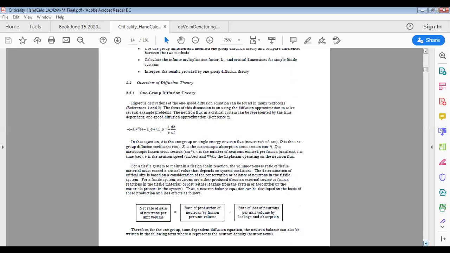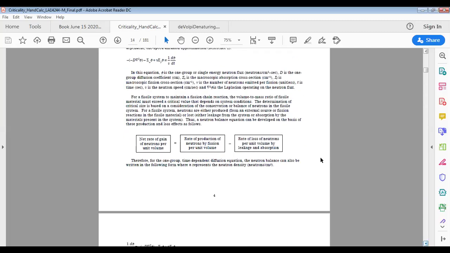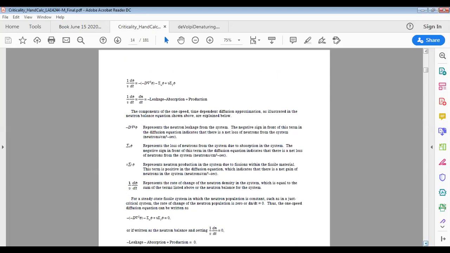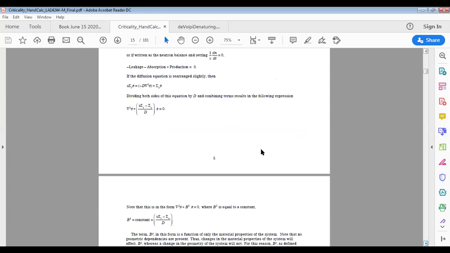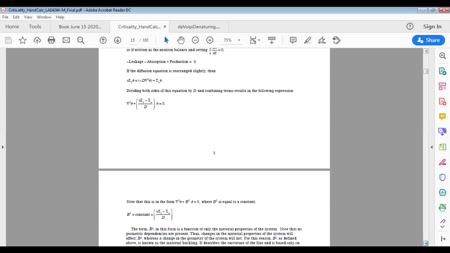So this is exactly what is being done over here, a balance equation, a continuity equation, and this is applied. You've just got to put the right data in here. This is del square phi plus B square phi equal to 0. You can see B square could be a material buckling or a geometric buckling. Now for criticality, this is the material buckling, which has got to be equal to the geometric buckling for regular geometry, meaning slab, sphere, and cylinder.